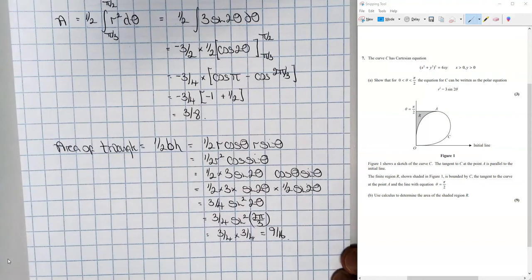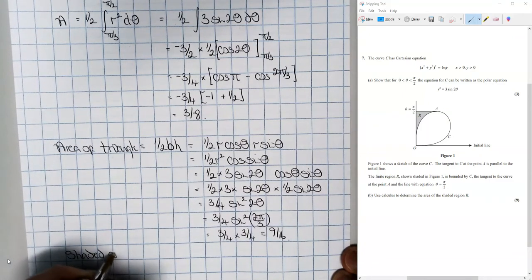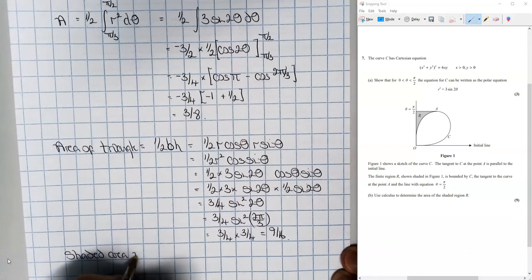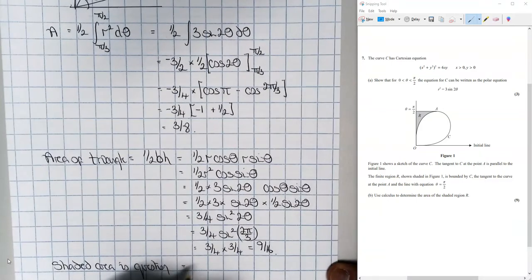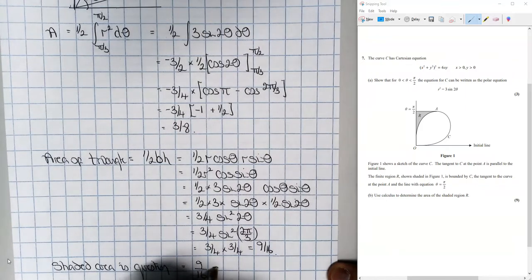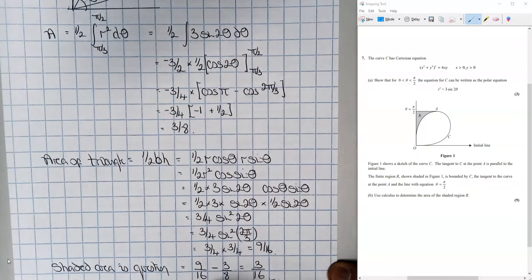So we're left finally, after all that, the shaded area in question, not in our diagram at the top, equals the triangle, which is 9/16, take away the area inside the polar curve, which was 3/8, so we're left with an answer 3/16.